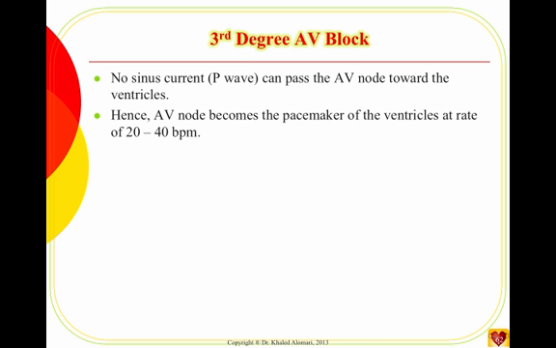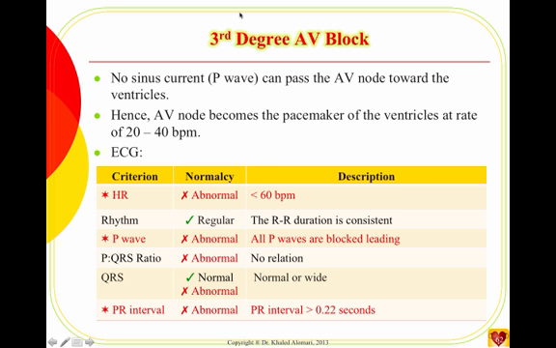So let's see what we see here. First of all, none of the P waves will pass. The heart rate will be pretty slow here, so this patient usually needs a pacemaker. The heart rate is almost always low because the SA impulses are not passing, and the AV node is just blocking and not firing.